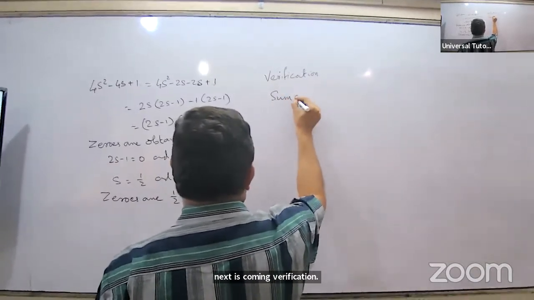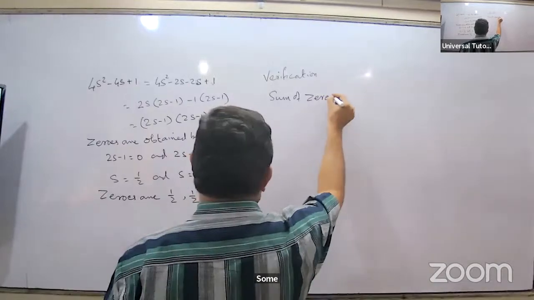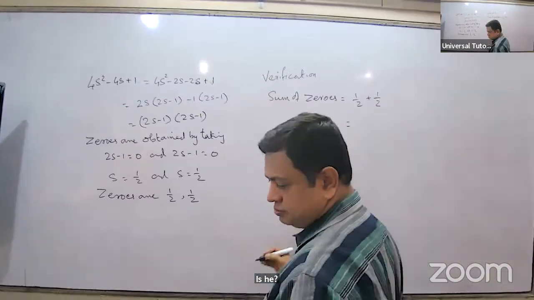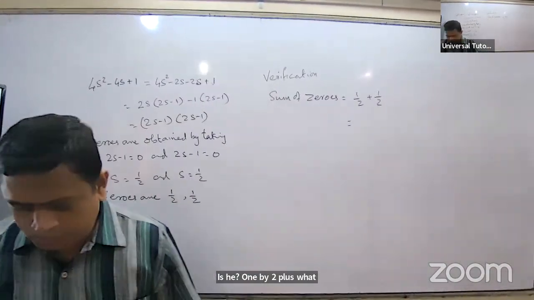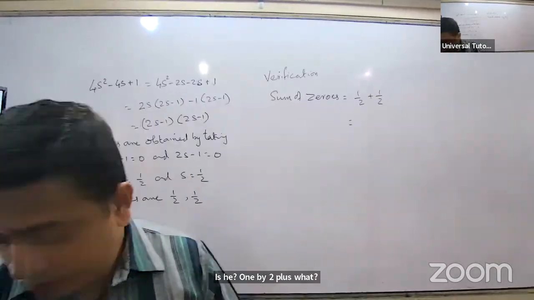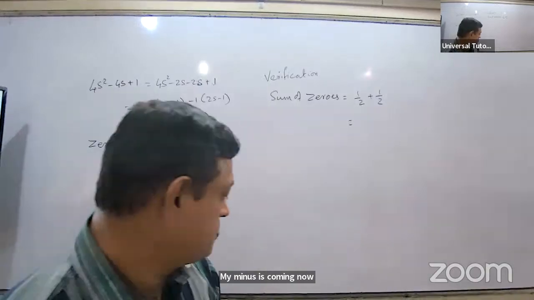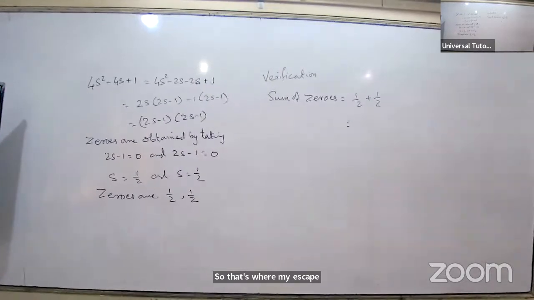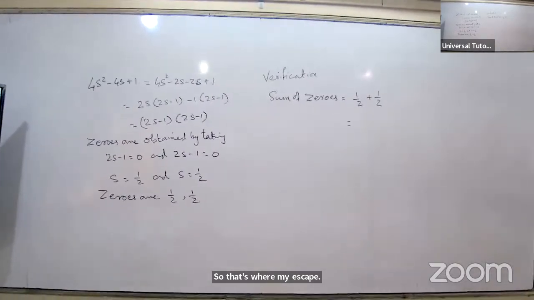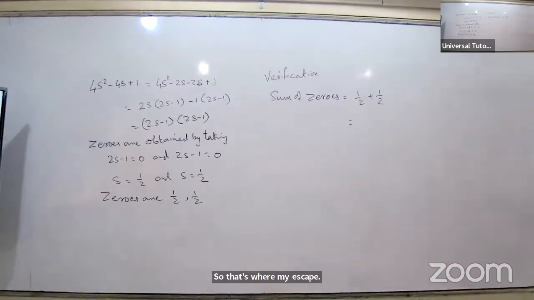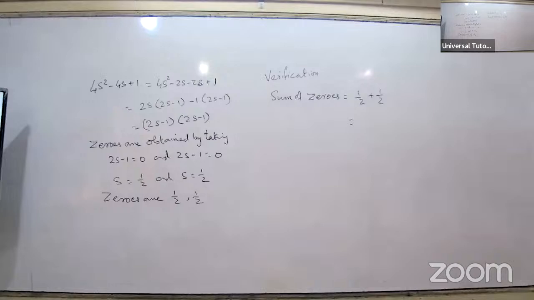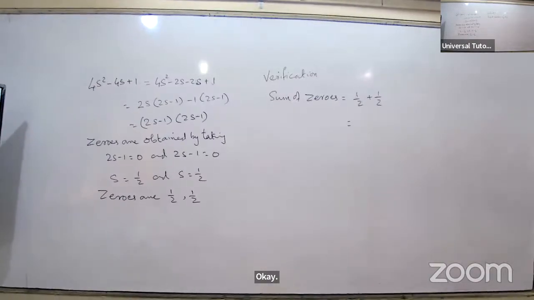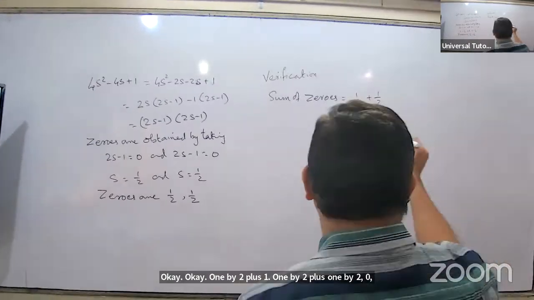Sum of zeros is equal to 1 by 2 plus 1 by 2. My minus is coming plus now, both are addition. In the previous one there was a minus here, so that's why minus came. 1 by 2 plus 1 by 2, all of you must have written 2 by 2 or 1, isn't it?